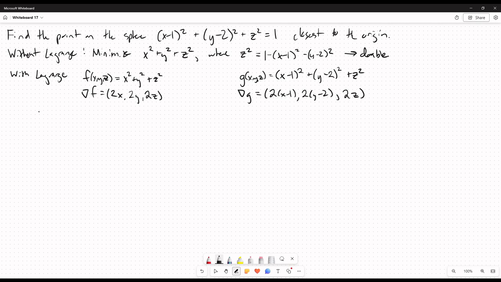And we're going to get a system of equations given by 2x equals lambda times 2(x minus 1). I don't think I left myself enough room with this system of equations. We'll have 2y equals lambda times 2(y minus 2).